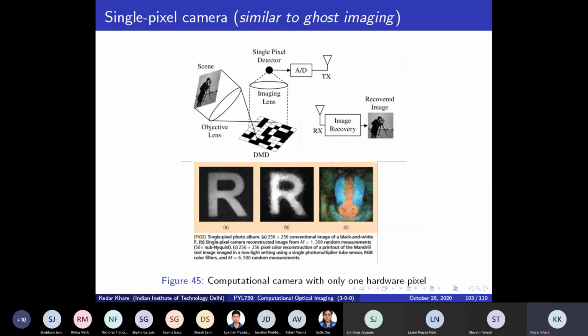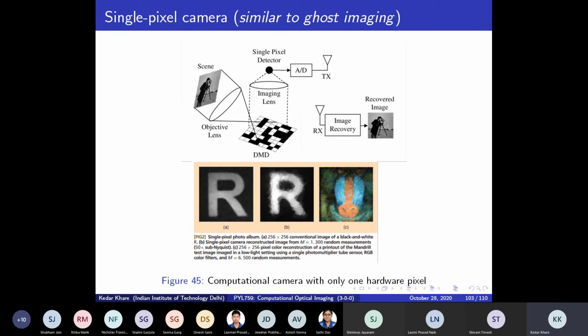You could also think about a situation where you have a far off scene, and you send these patterns from illumination. So you have the capability of sending out illumination patterns, and you send a lot of illumination patterns out as a remote sensing problem.